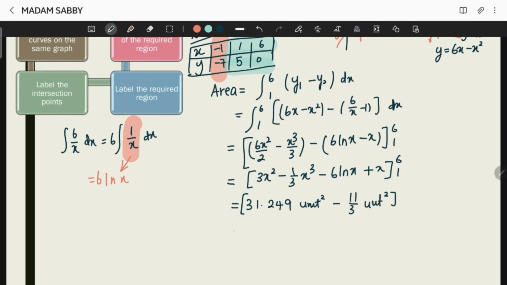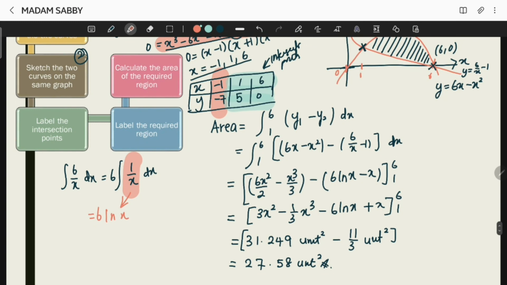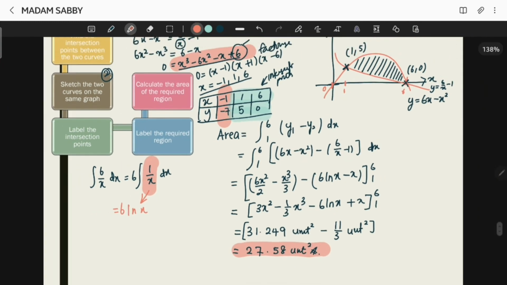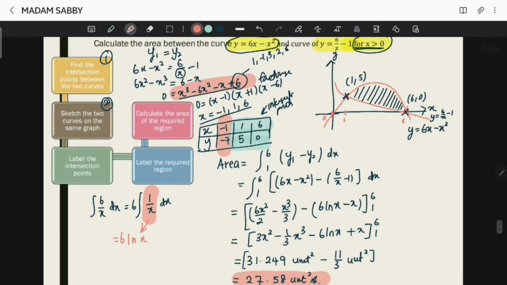Then press your calculator to get the final answer, which is 27.58 unit square. So that is the final answer, the area of the shaded region: 27.58 unit square. So we are done for today's lesson.